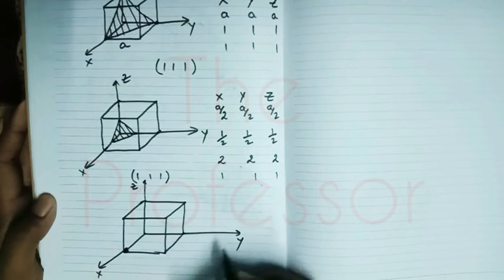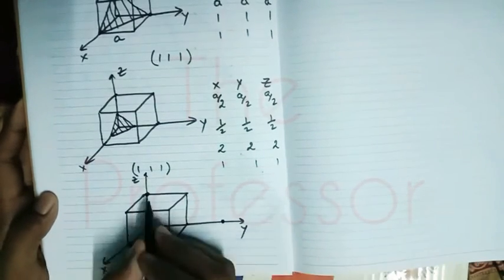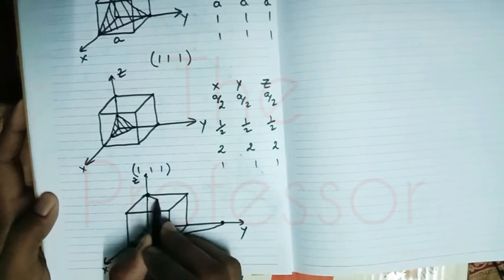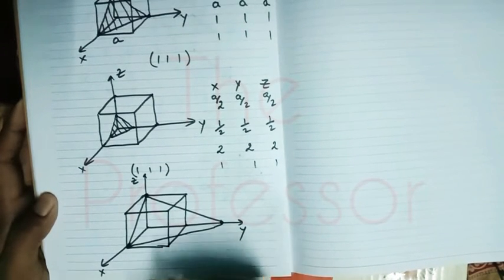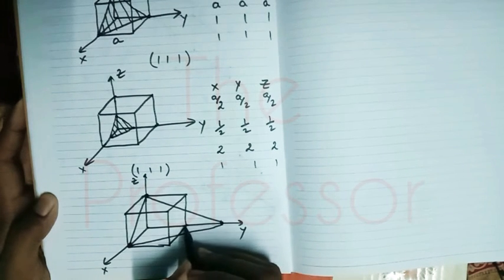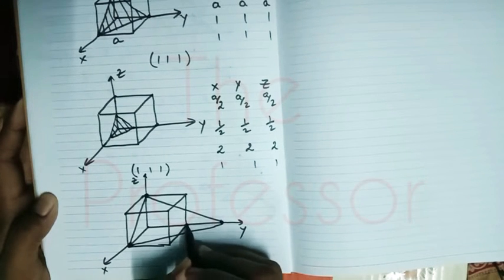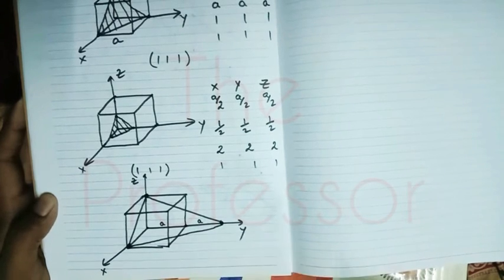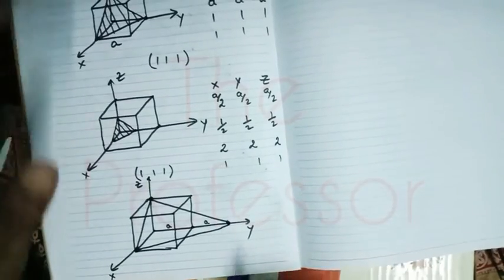Now suppose that we have to locate this plane, the plane which is connecting these 3 points. Right? This point lies at a distance of twice the distance at which this point lies. That is, if this is A, then this is also A. So we have to find out the Miller indices for this particular plane.